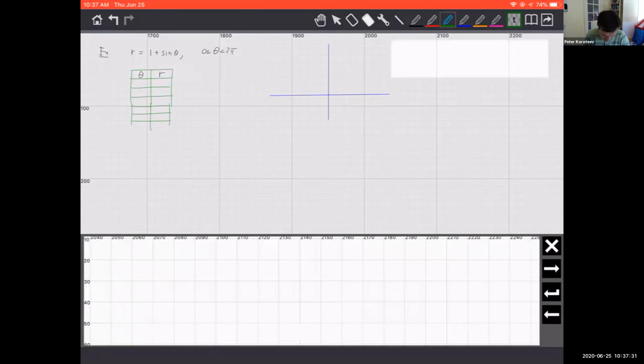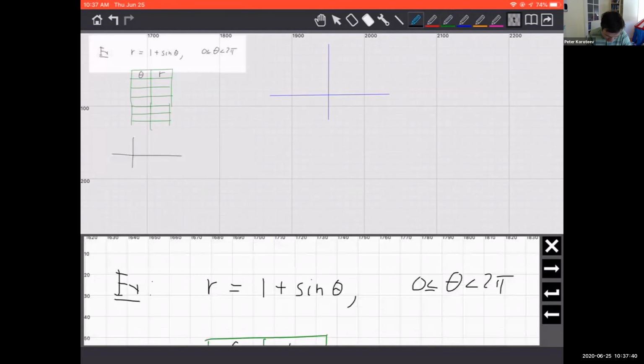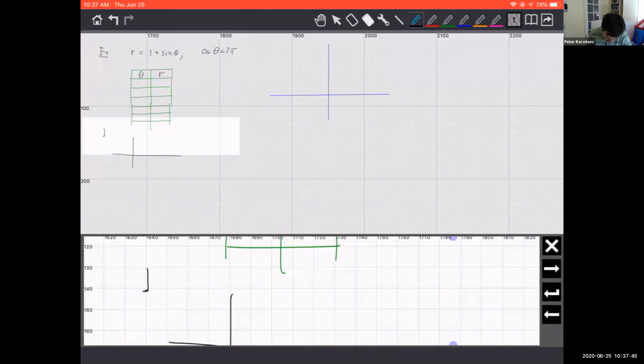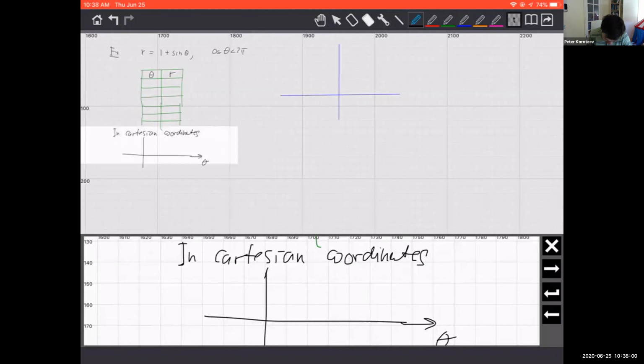When you draw a sine function, it might even help to draw the whole thing in Cartesian coordinates, by which I mean the following. We literally put theta on the x-axis instead of x, and r instead of y.